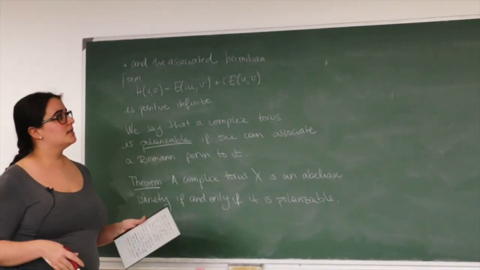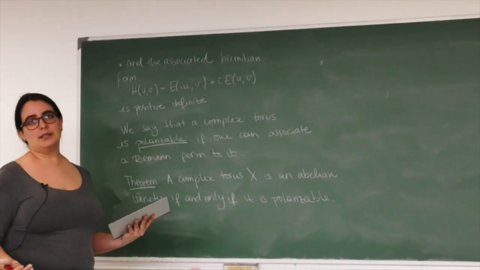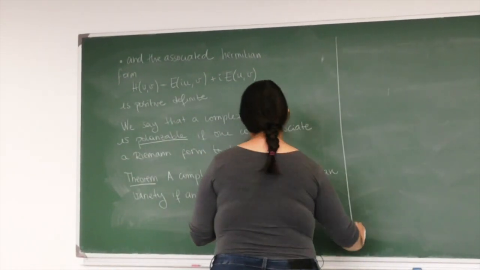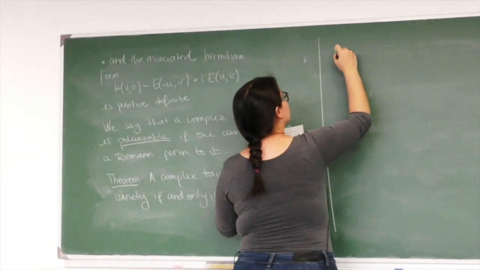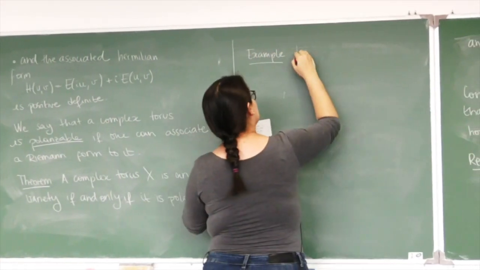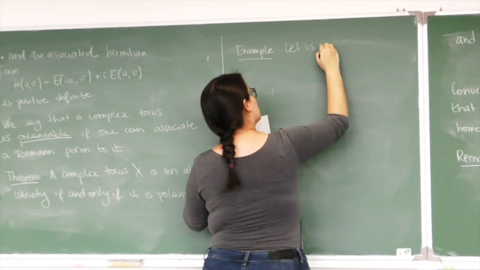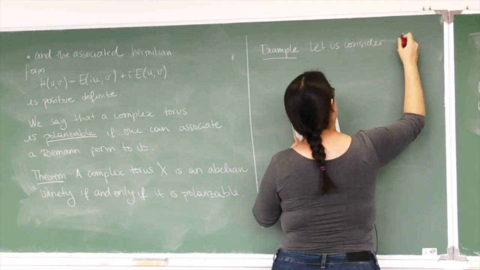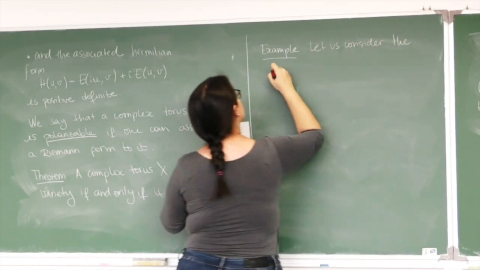But first, because we have seen already everything in elliptic curves, let me give the example of elliptic curves once more. Example: let us consider the dimension 1 case.